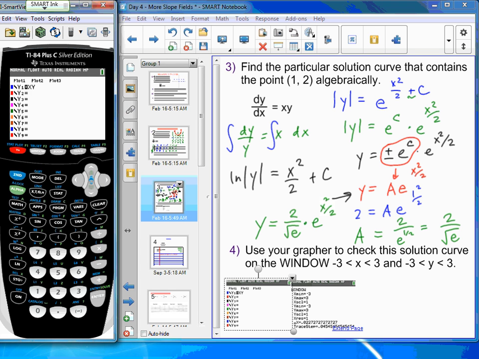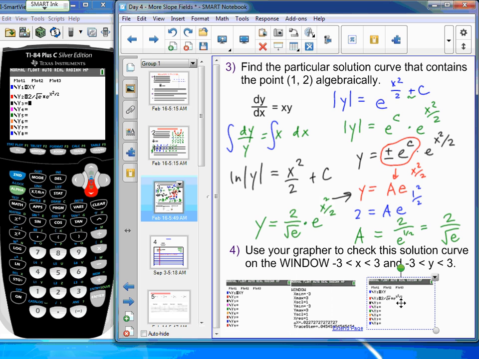Well, we got 2 over root e, close radical, times e to the x squared over 2. Right? So we've got that.